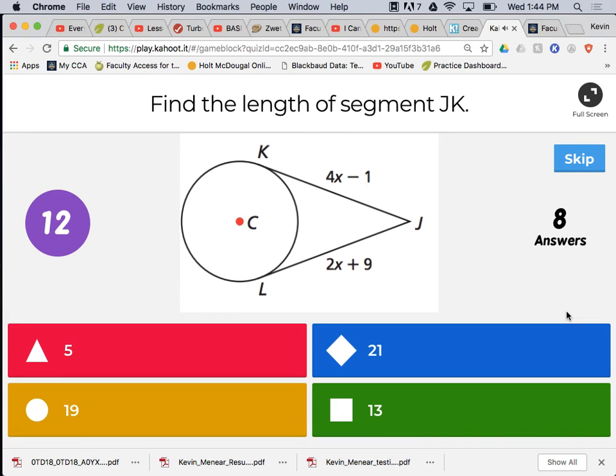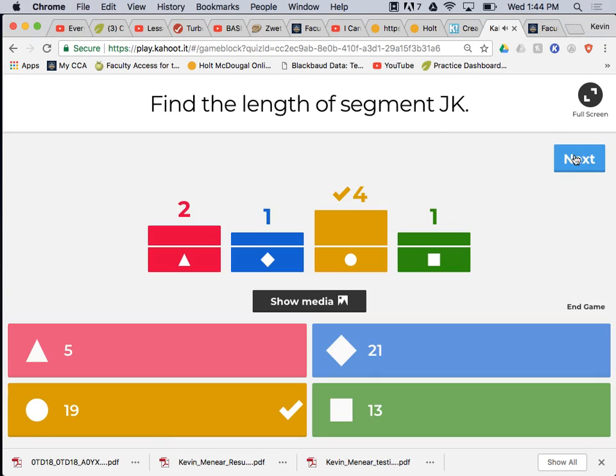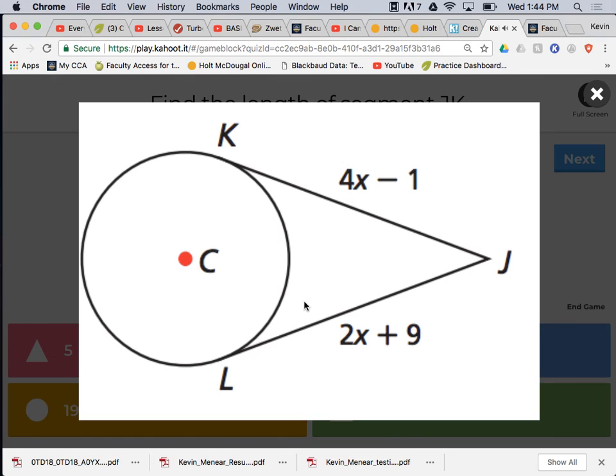All right, you guys done? 5, 4, 3. Nice. Look, how do you do this? They're tangent, which means these two line segments are congruent. To solve, you set them equal. 4x minus 1 equals 2x plus 9. Subtract 2x from both sides.